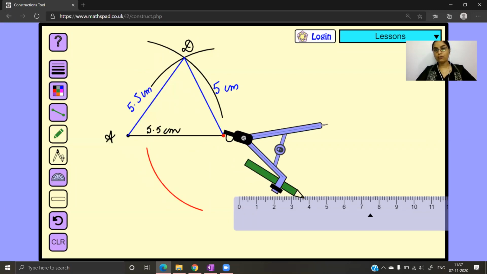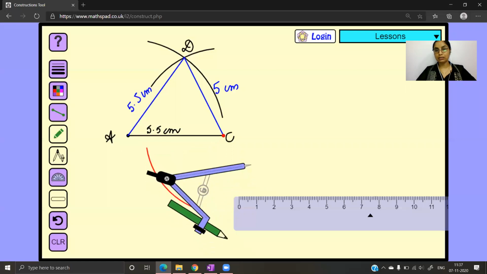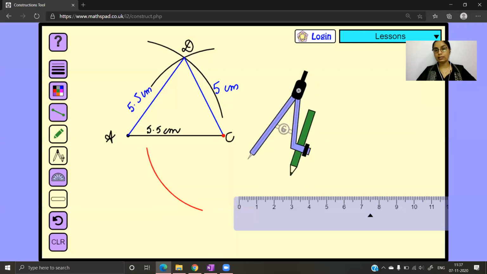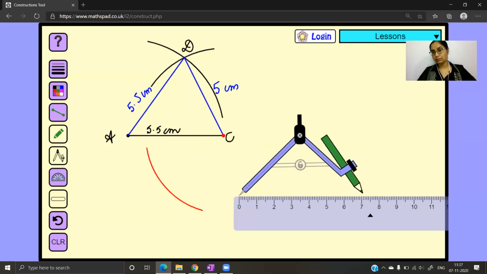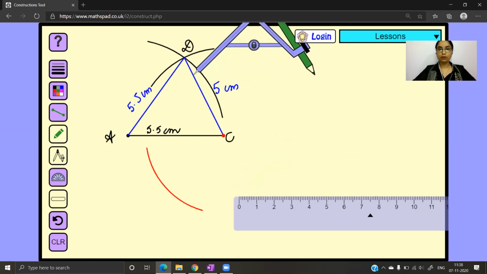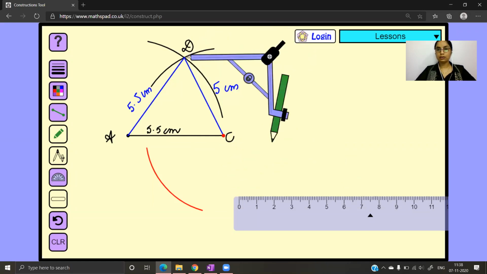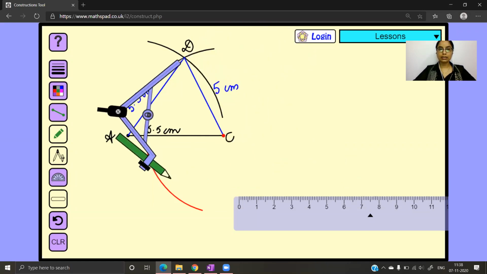And it will be of radius 7 centimeters, the length of the other diagonal that I have. From point D, open your compass 7 centimeters and draw an arc to intersect this one.